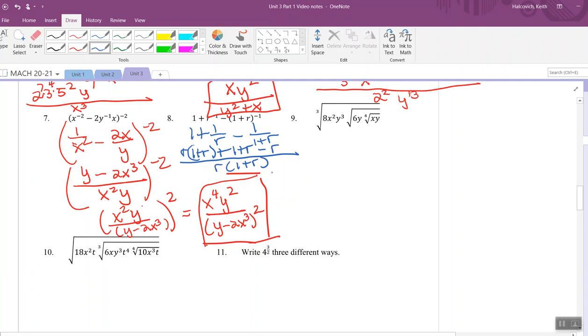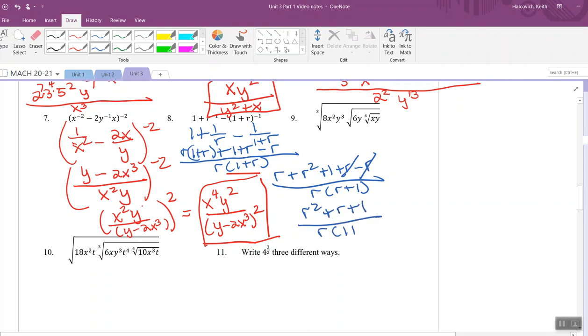So when we multiply, we get r plus r squared plus 1 plus r minus r. The r's here cancel out, so we'll get r squared plus r plus 1 over r times 1 plus r. And that's it.